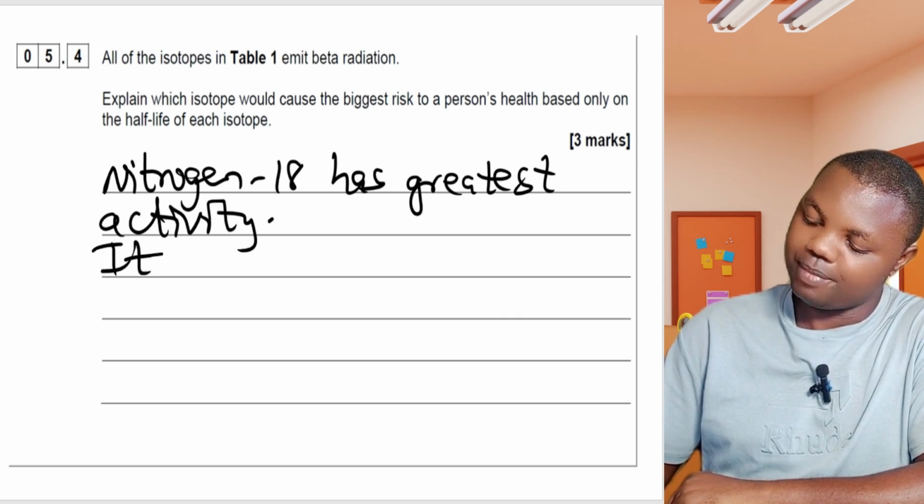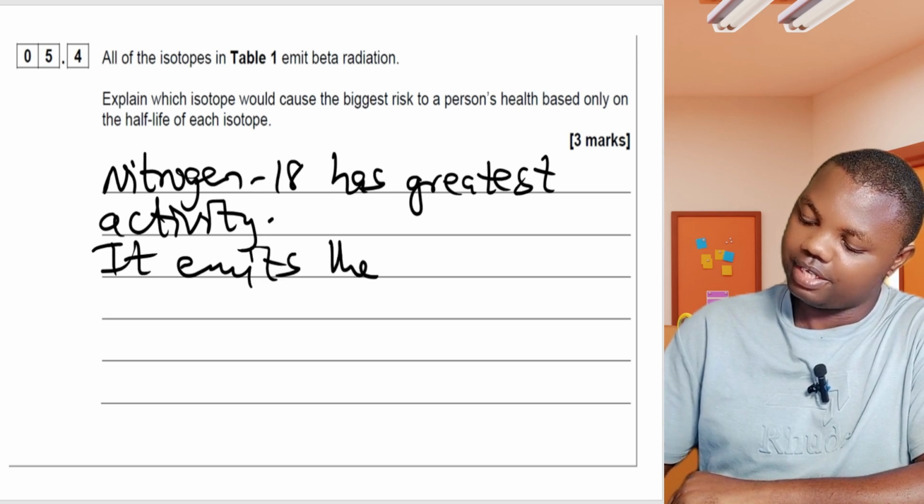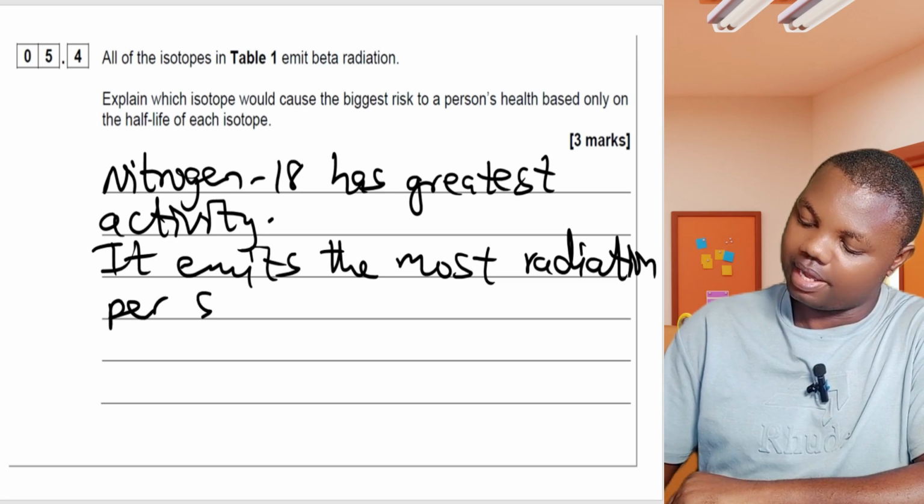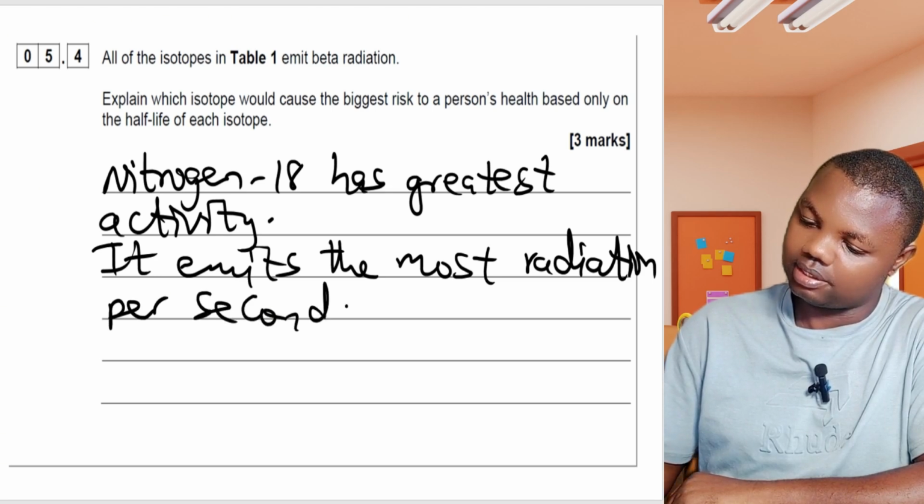Why? Because it emits the most radiation per second.